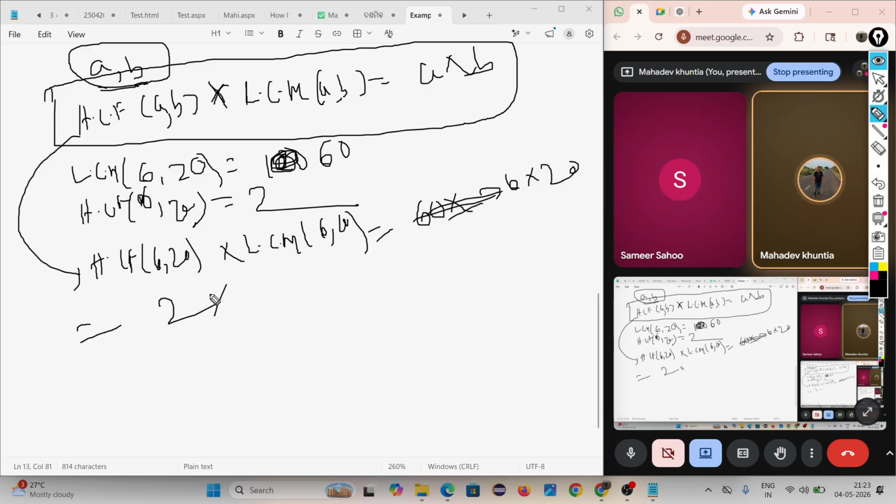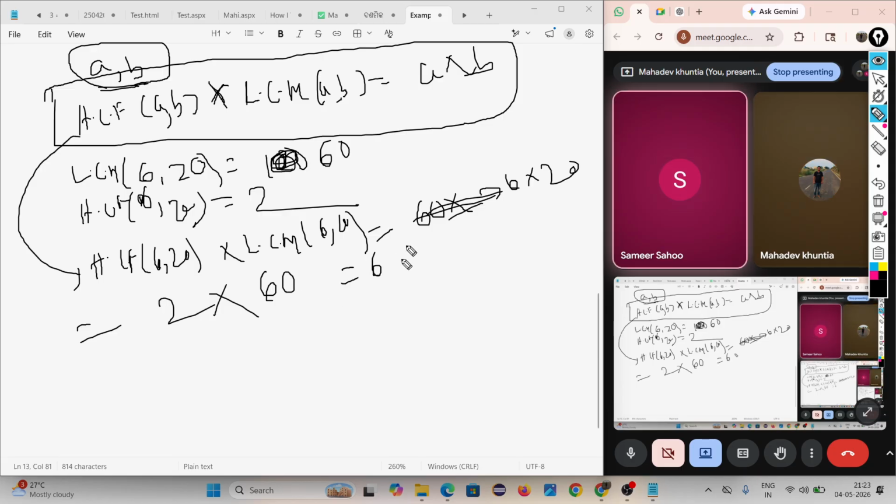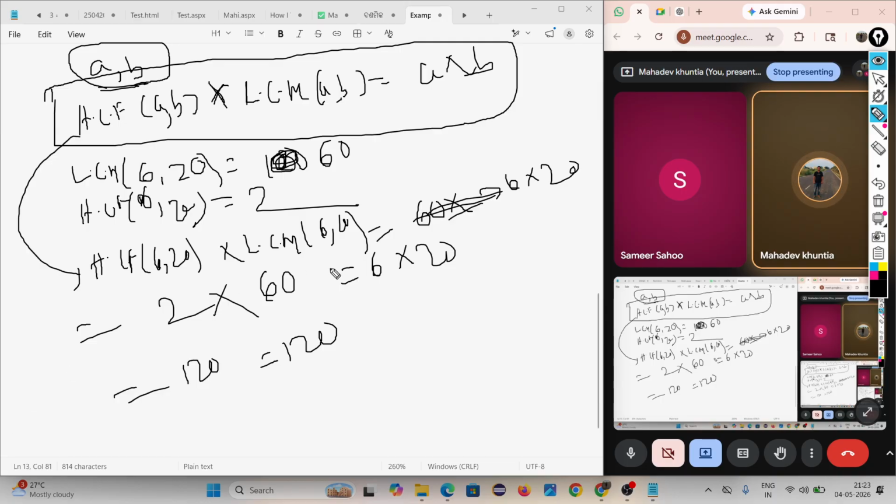HCF is 2, LCM is 120. That means this rule is true.